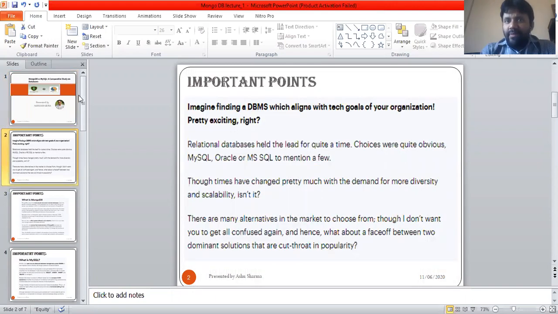Imagine finding a DBMS which aligns with the technical goals of an organization. Most of the time, we find the evolution of our DBMS over the local file system.